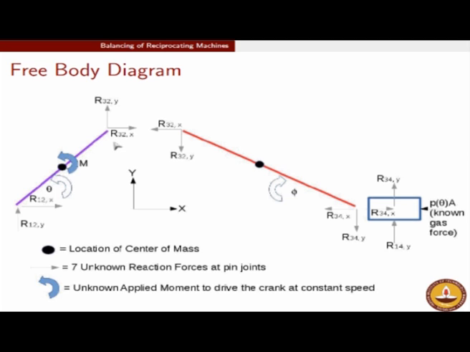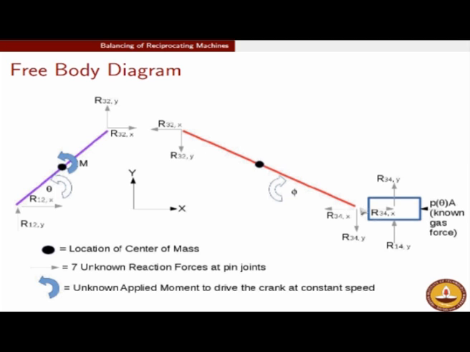Remember, R32 was defined as the force from the connecting rod to the crank. So as a reaction to that force, the connecting rod will receive an equal and opposite force. These are indicated by these arrows. So the action reaction pair to this force is given by this, which is acting on the connecting rod.